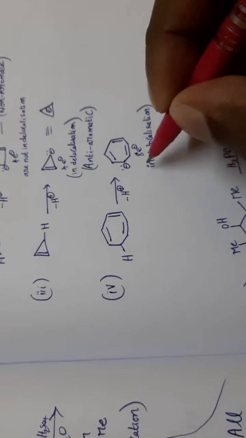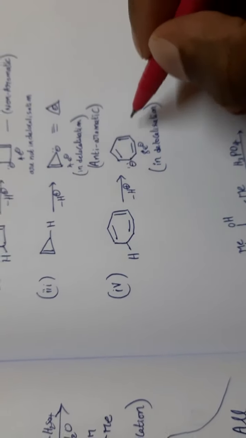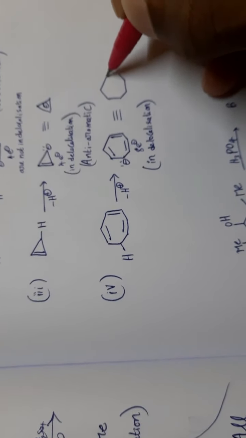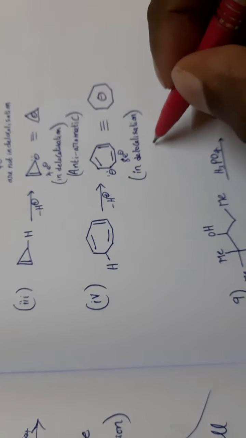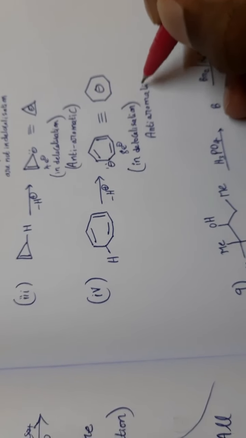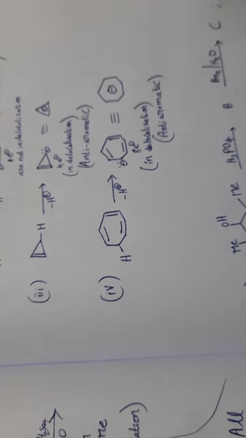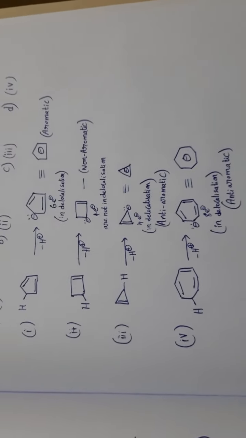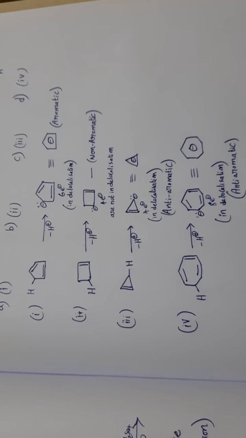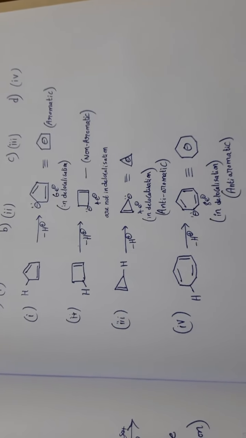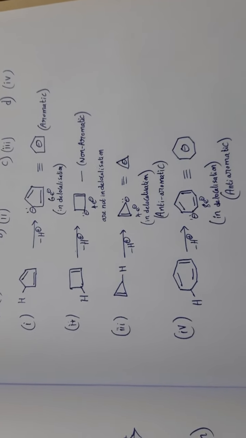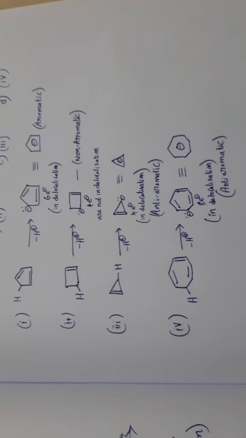So it is identically equal to this one. It is an anti-aromatic compound, anti-aromatic species. So in this way, based on the formation of anion after donation of proton, we can get different types of species: aromatic, non-aromatic, anti-aromatic.